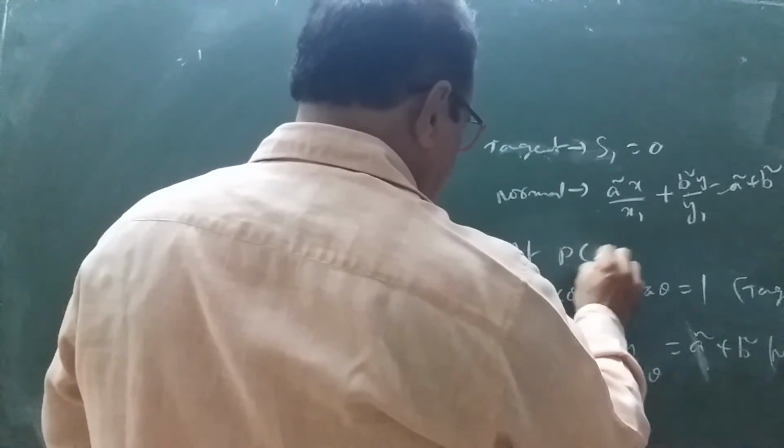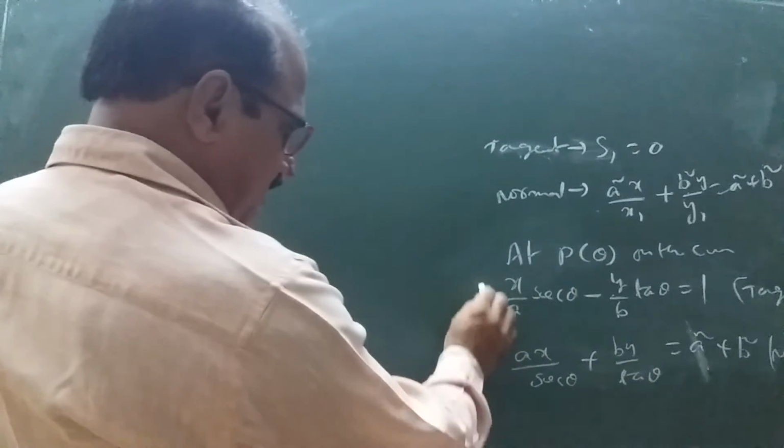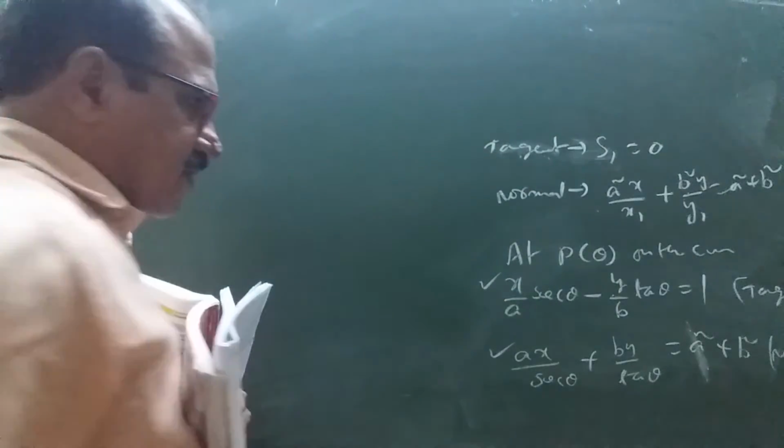For a point P(theta) on the curve, the equation of normal may be taken as given.